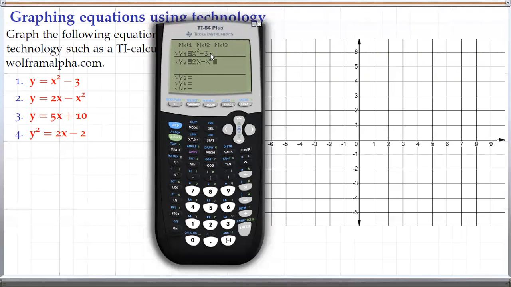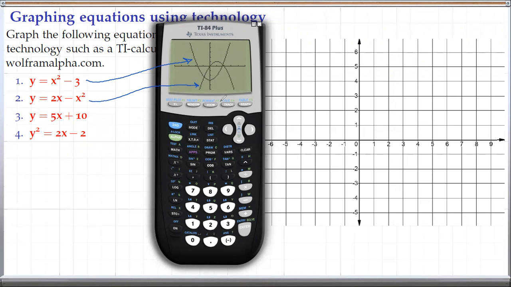If we graph with both of these equations, you will get the graph of both of the functions. The first one is what we already had, y equals x squared minus 3, which is this one. And what we just got is the second one. So this curve is y equals 2x minus x squared.